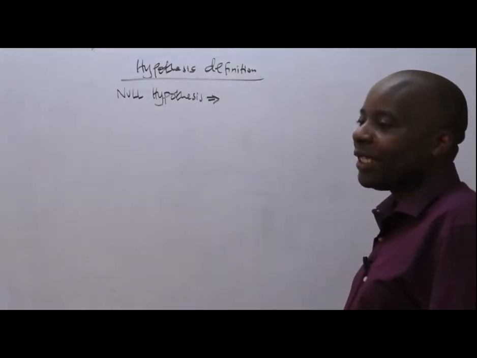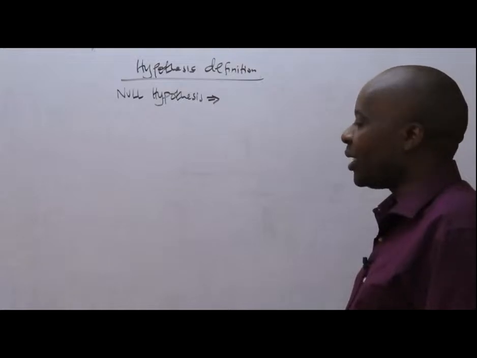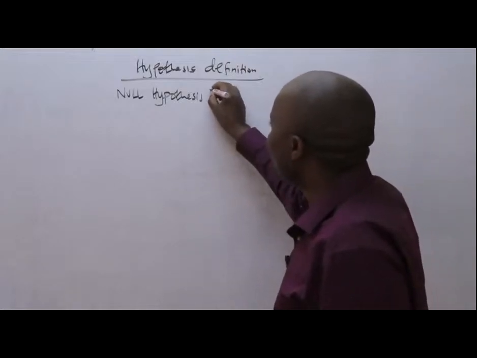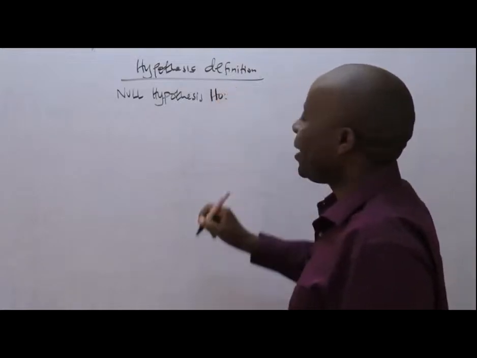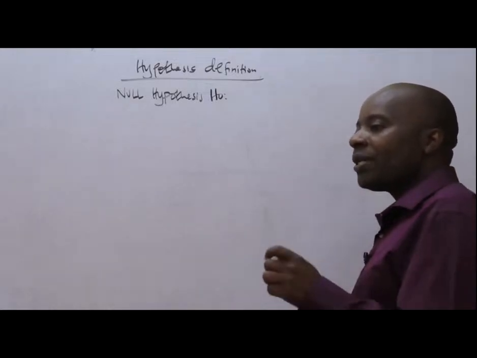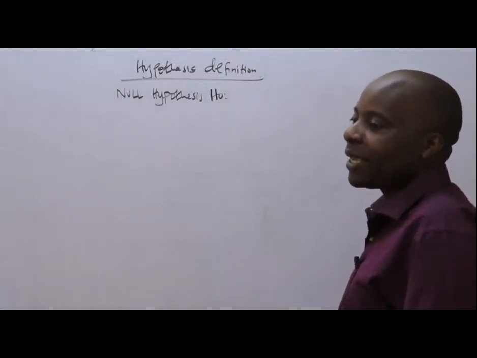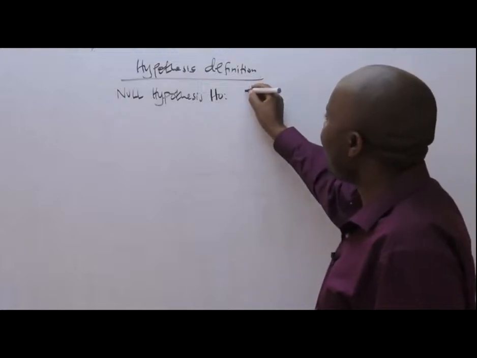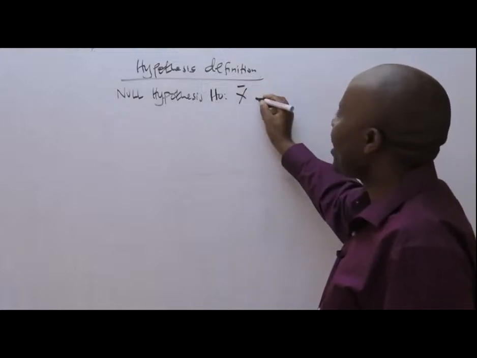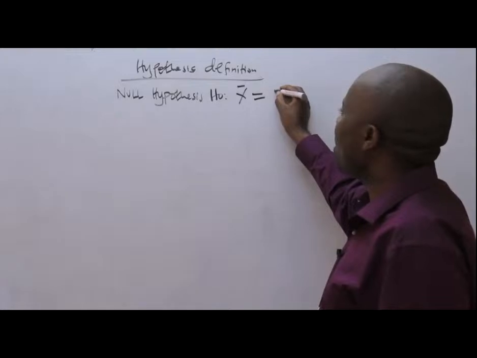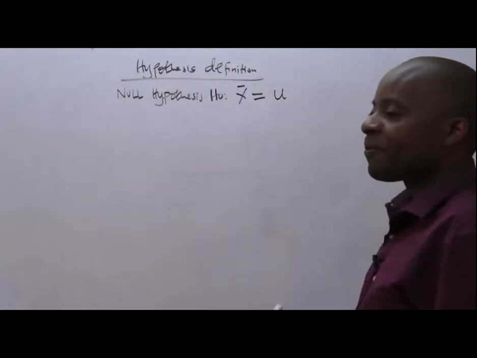What allegation is he making? The fundamental allegation here, of course, this null hypothesis will always be denoted like that, H0. So the allegation that this man or this lady is making there is that his sample mean is exactly equal to the population mean.